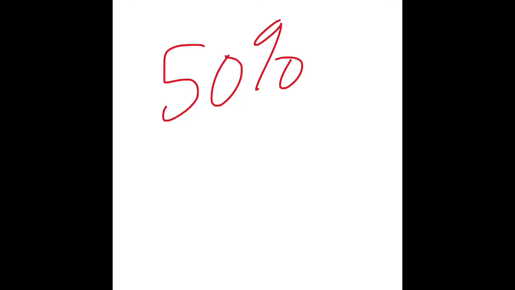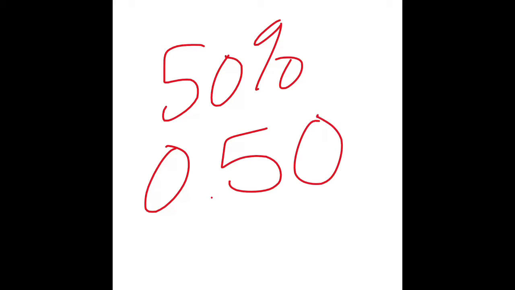One more from this last. How about if you did 50% as a decimal and a fraction? So if it was a decimal, it ends up being 0.5. You could put this 0, but it usually just ends up getting dropped at the end.